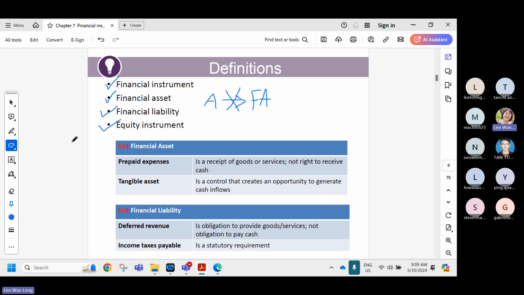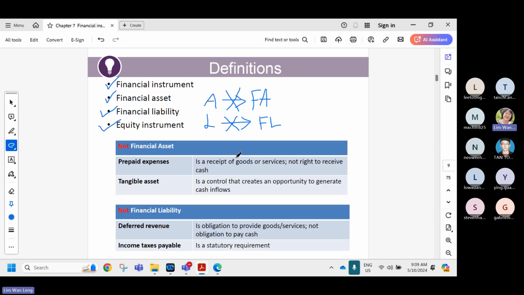Some assets are financial assets, some are not. Similarly, not all liabilities captured in the SOFP are financial liabilities. Only some of them.